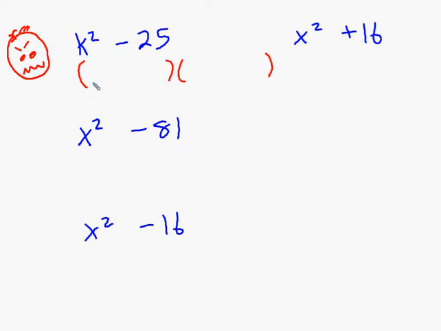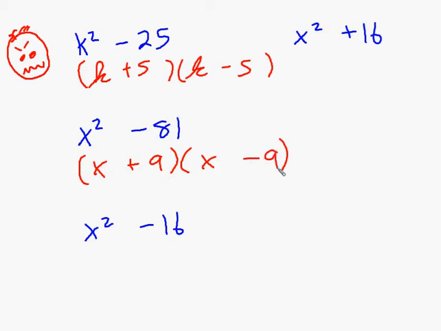Taylor, what'd you get for the first one? X plus 5, x minus 5. Good. Second one, what'd you get, Reagan? X plus 9, x minus 9. And the third one?